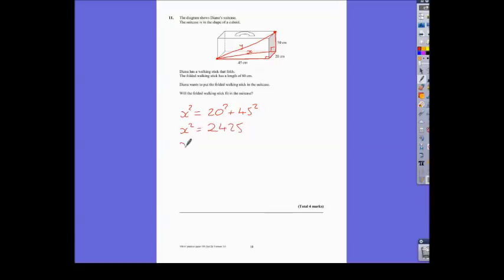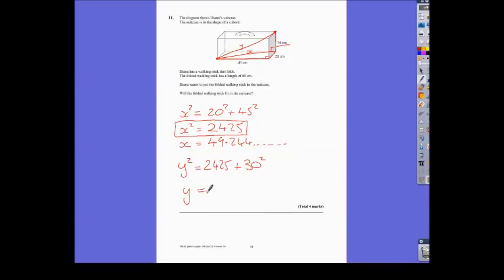Now, I can square root that if you want to work out x, and I get 49.244 going on. But in a second, I'm going to put that back into Pythagoras again. I'm going to be squaring it, so I might as well just leave that value there. So to work out y squared would be x squared, which we know is 2,425, plus 30 squared. I don't have to put all that back into my calculator now.